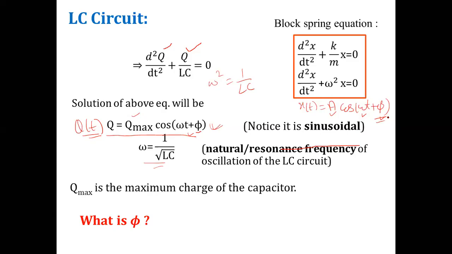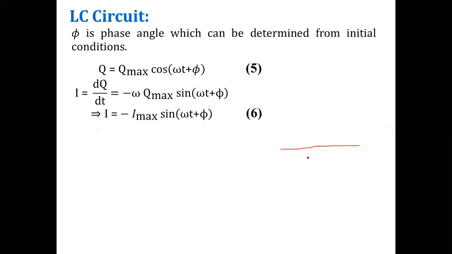If you know the initial conditions, I mean if you know what the charge and the current were at time t equal to 0, then you can know what your phi would be. Let's say that in this particular scenario, at time t equal to 0, your capacitor was fully charged and the current flowing in the circuit was equal to 0.